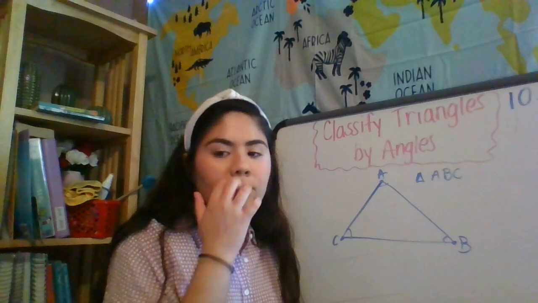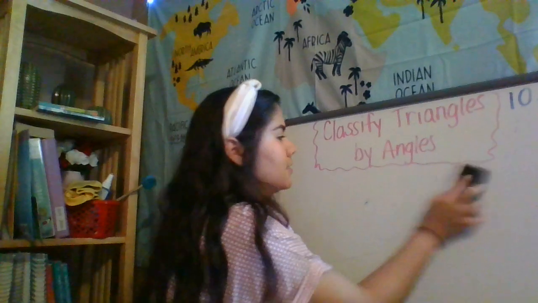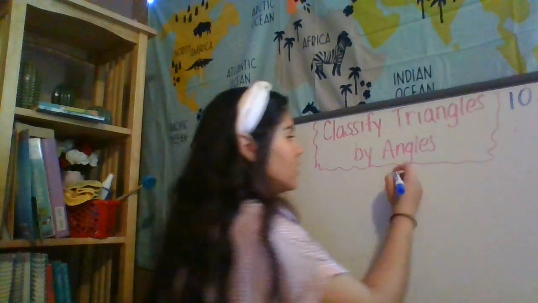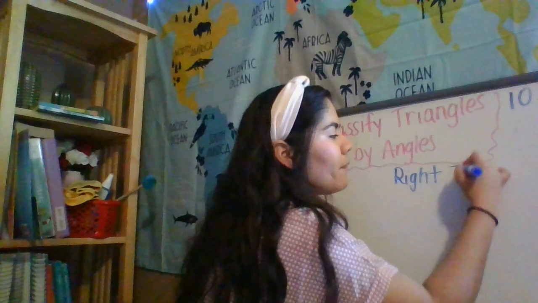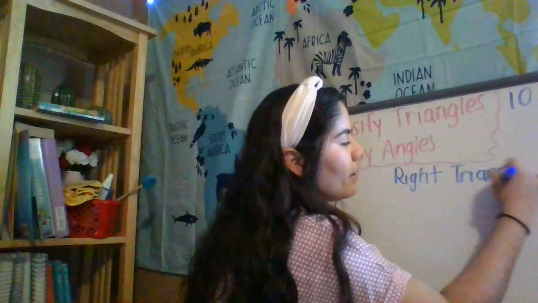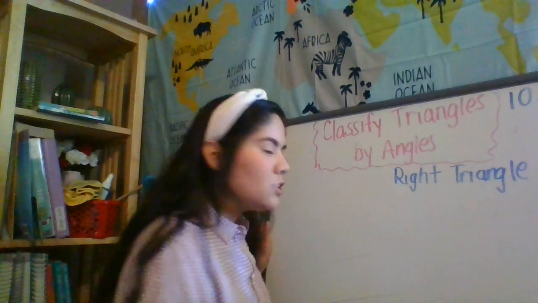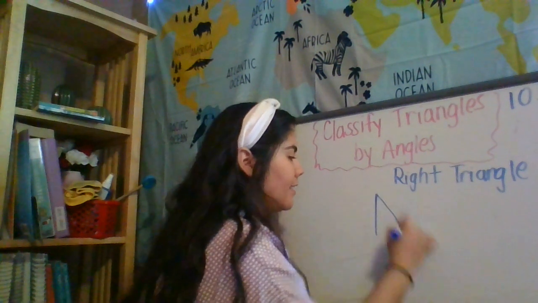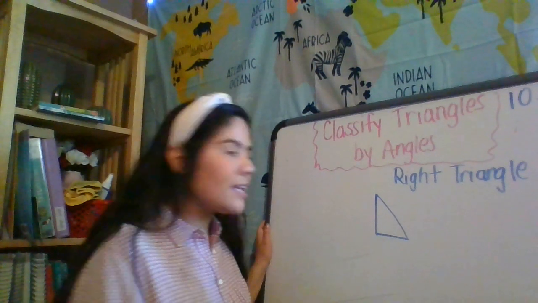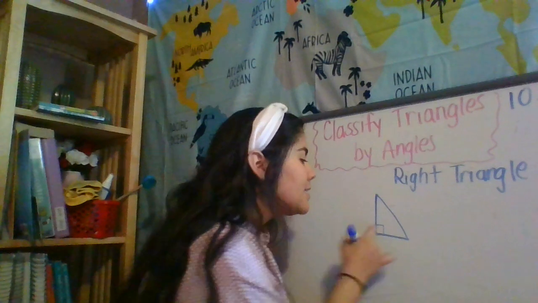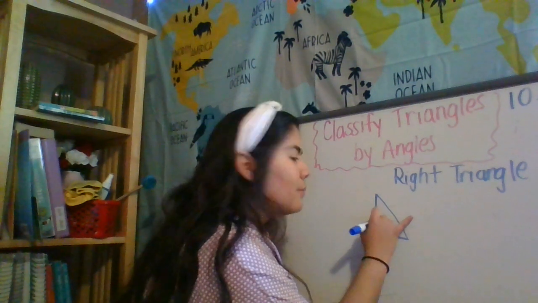So we're going to learn about right triangles first. So a right triangle, think about what that could mean. Think about what we learned about yesterday and a right angle, what that could mean. So a right triangle looks something like this, right? This is just an example. Triangles come in all shapes and sizes. But remember, we said this little box tells us that this angle is equal to how many degrees?